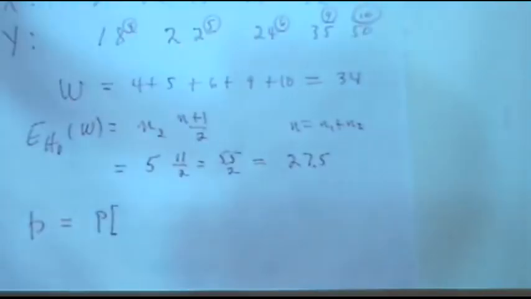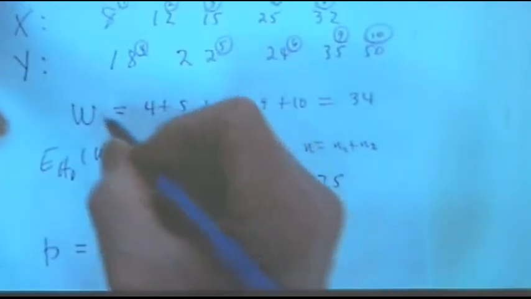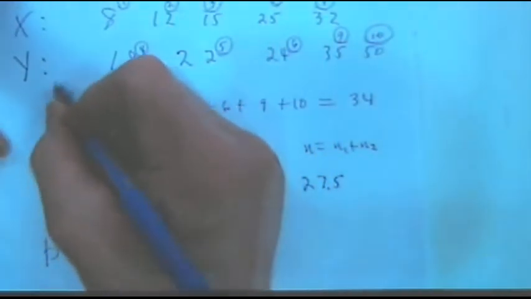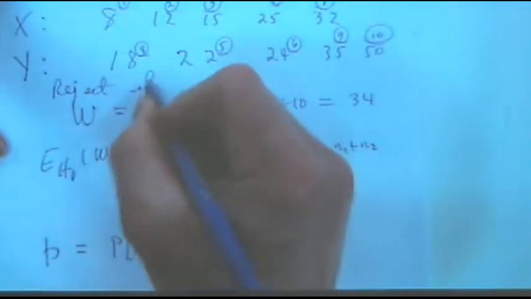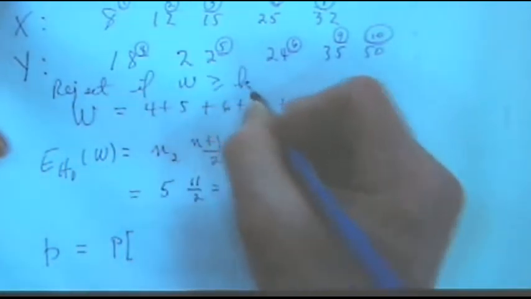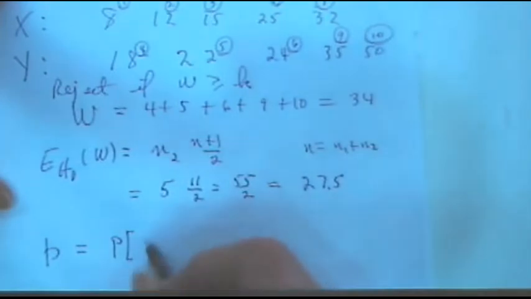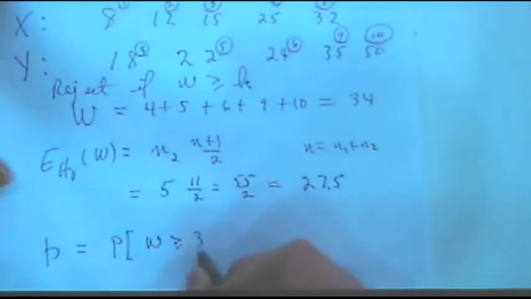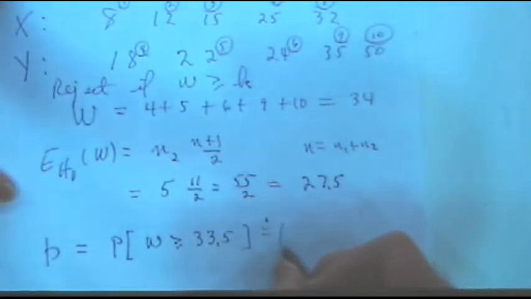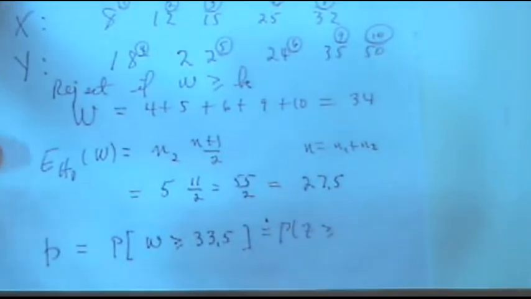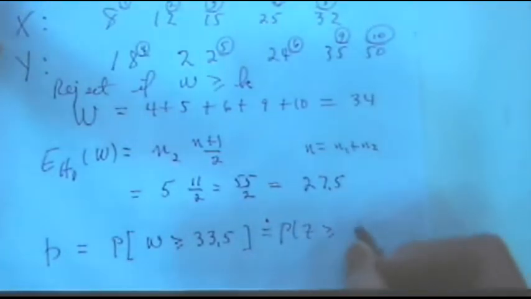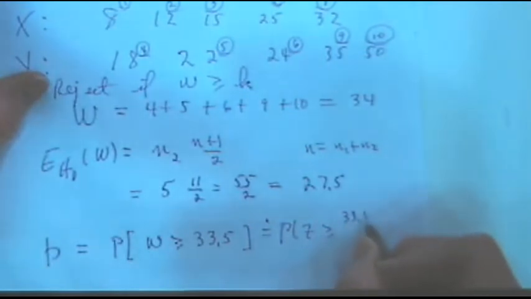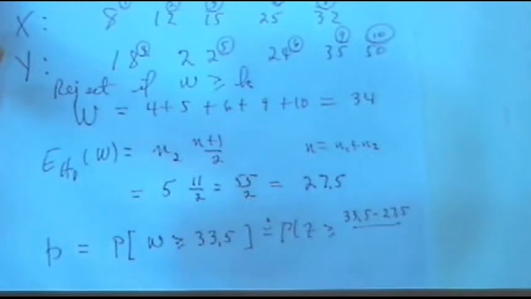So for my p, I'm going to reject if W is too large. I observed 34, so my p-value is this, right? Again, you might use a continuity correction. And so I'll just approximate with a Z. In class, that's what we use, right? You just need something downstairs.